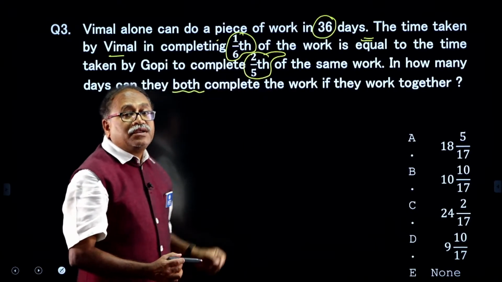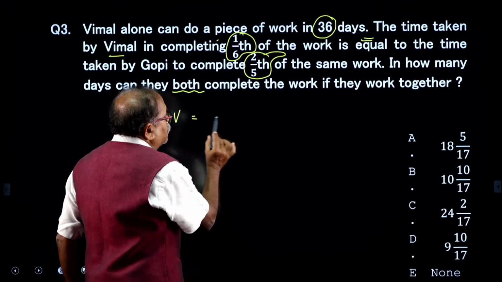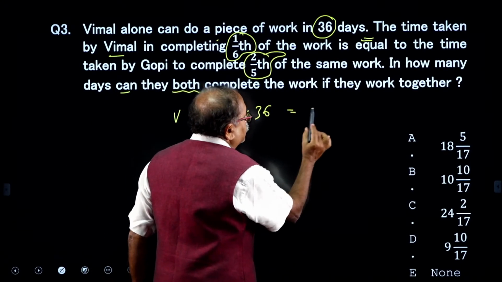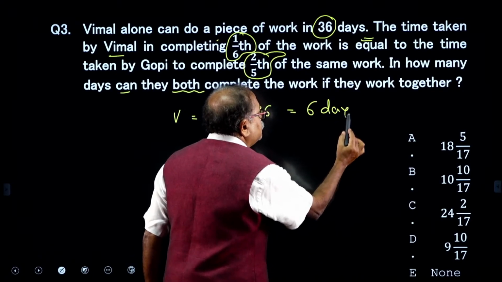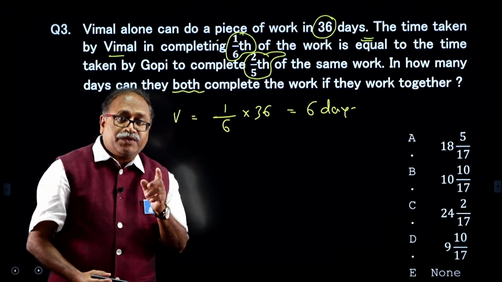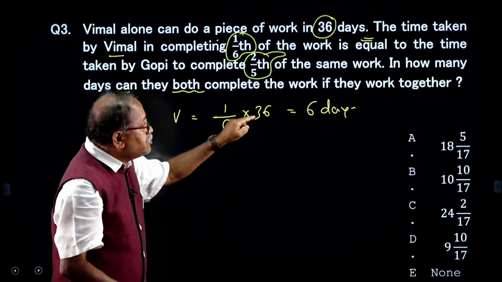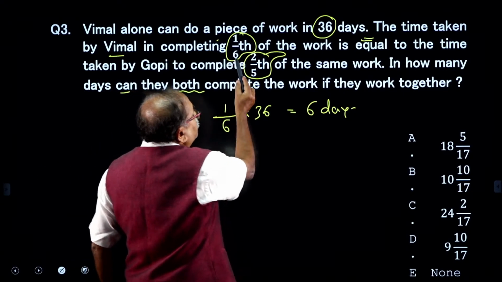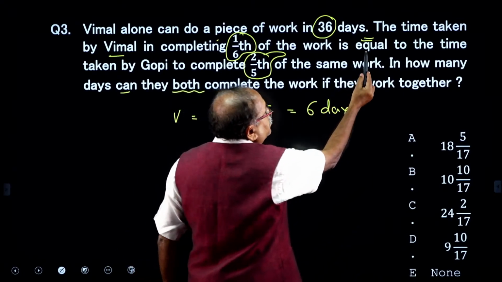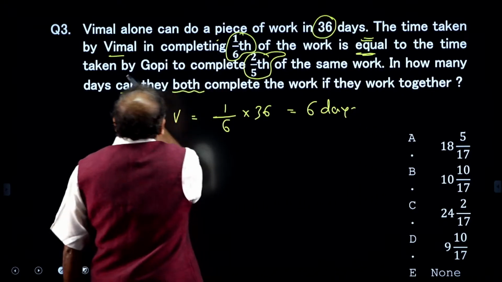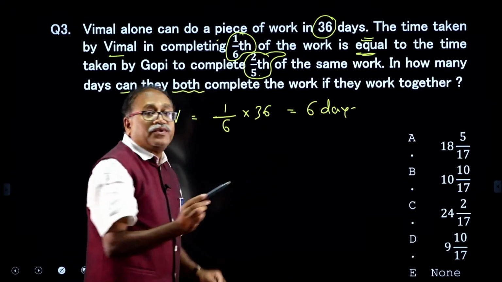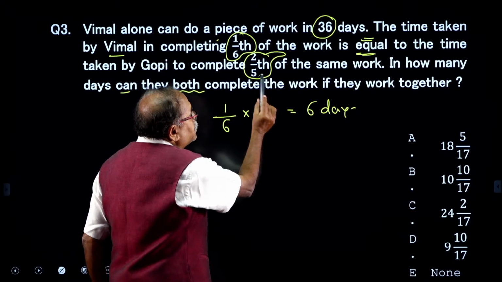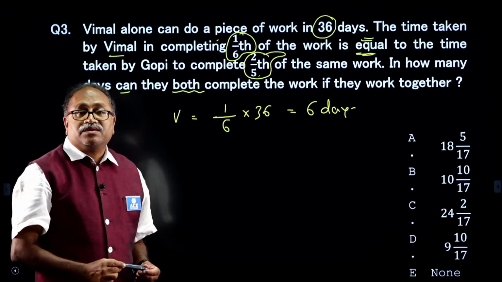One work in 36 days, so 1/6 of 36, that is 6 days. That is one part. Another part, you need to connect these 6 days to 2/5 of the work. So, the time taken to complete 1/6 of the work, that is 6 days, is equal to the time taken by Gopi to complete 2/5 of the work. So, Gopi completes 2/5 of the work in 6 days.